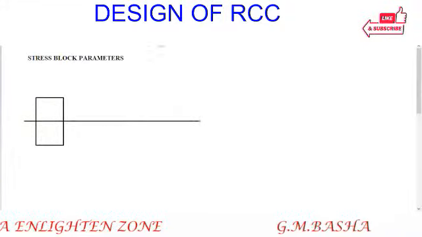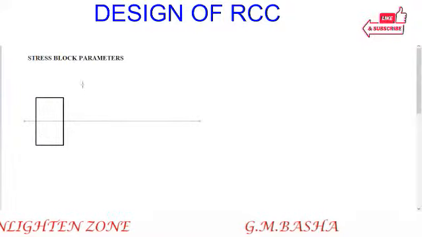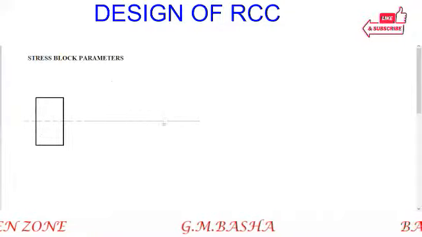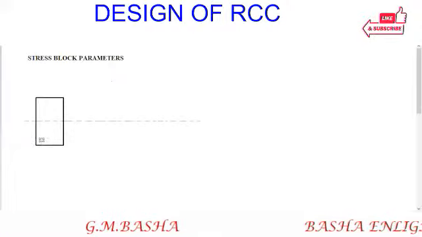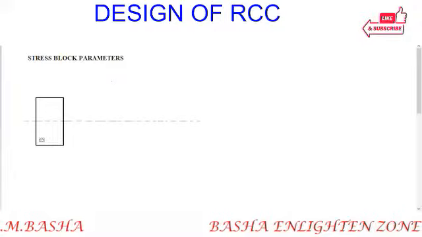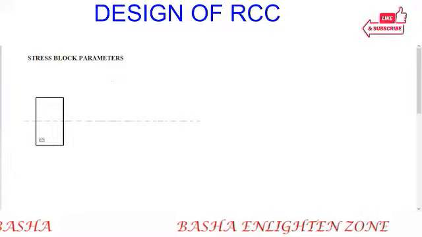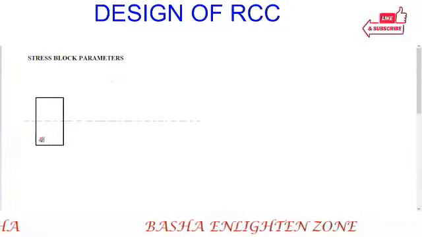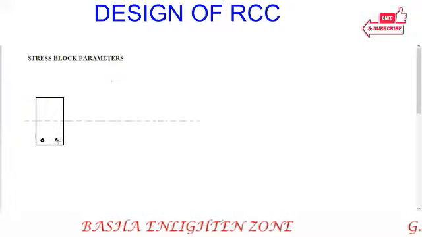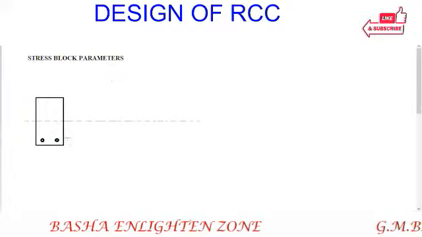So this is the neutral axis. Here there will be steel reinforcement bars, which are at the same level only.